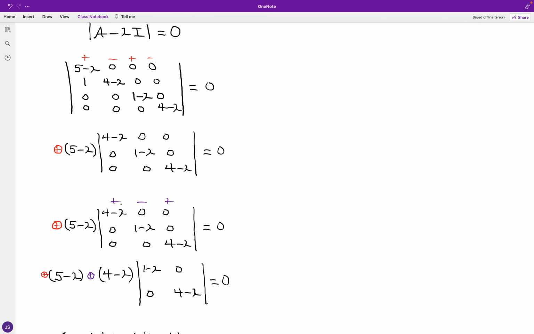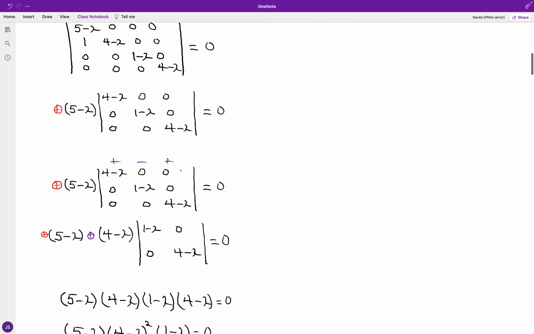This is an odd position this time around, so we have plus, minus, and plus. Distributing 5 minus lambda, we have times 4 minus lambda, times the 2 by 2 determinant, where we have left exposed 1 minus lambda and zeros. Everything else we don't even have to apply, since the remainder of the top row is 0.